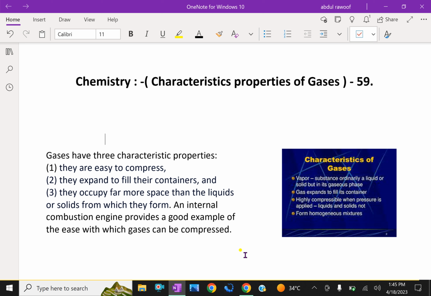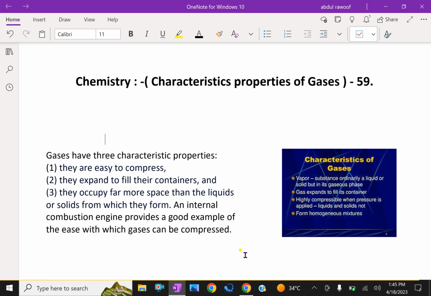Although liquids and solids seem very different from each other, both have small intermolecular distances. Gas particles, however, are much farther apart from each other than liquid and solid particles are. In some ways, gases behave like liquids. In other ways, they have unique properties.